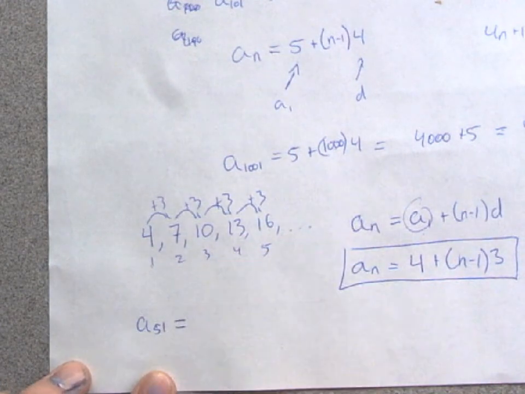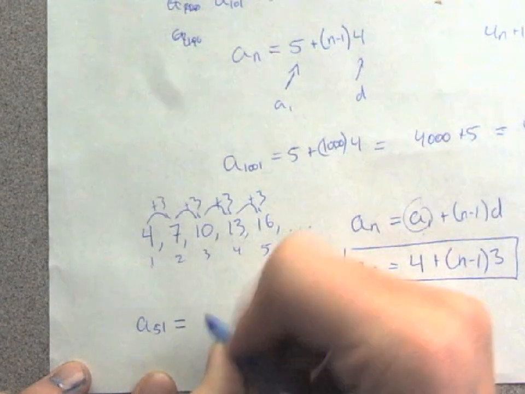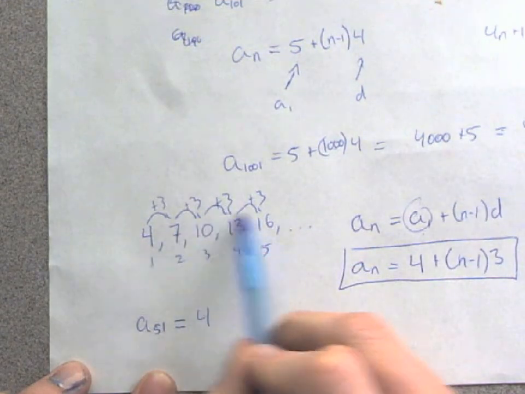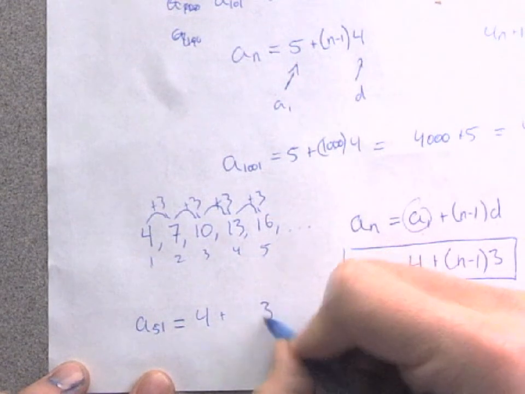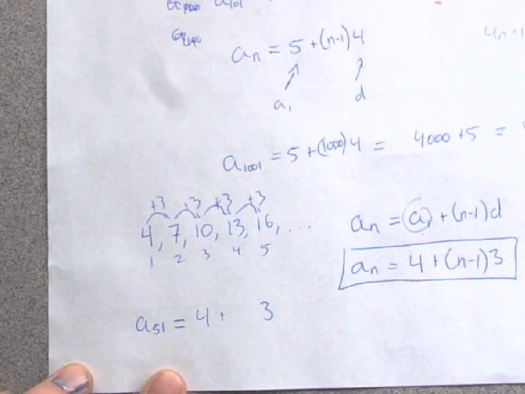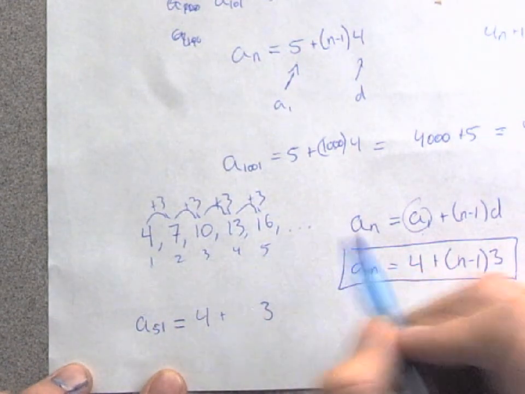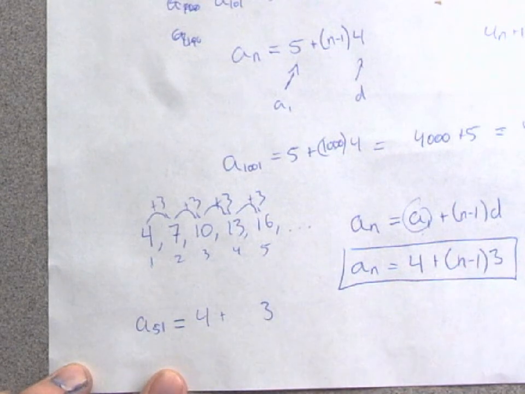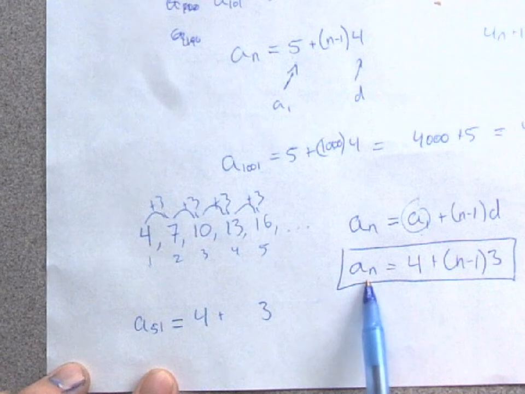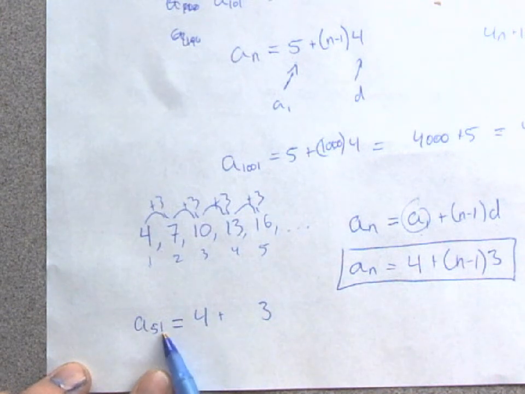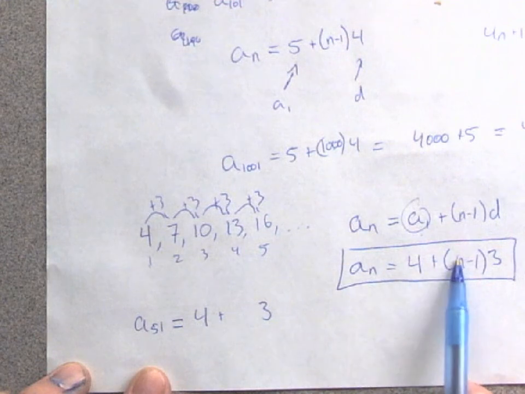Okay, so if we want the 51st term, we have to start with 4, and we have to continue this pattern of adding 3. We're going to add 3, add 3, add 3. Okay, but how many 3's should we add? Well, at position 51, we need to add 50 3's, right? So what this is saying is, if this is 51, then what you do is you take that 51 and you subtract 1 from it.